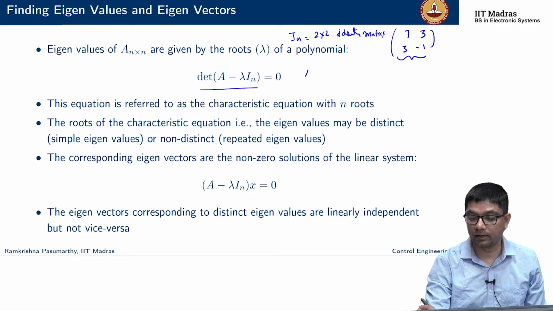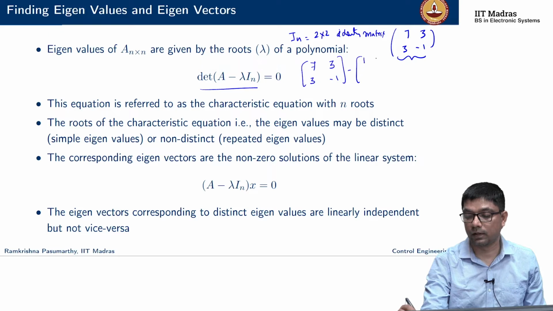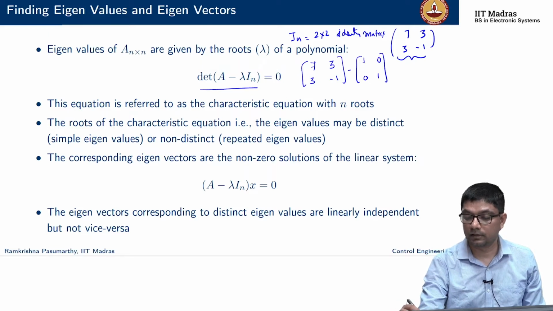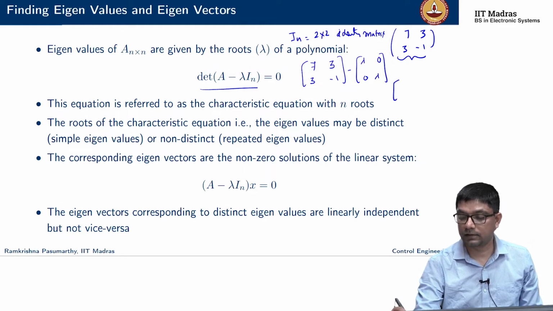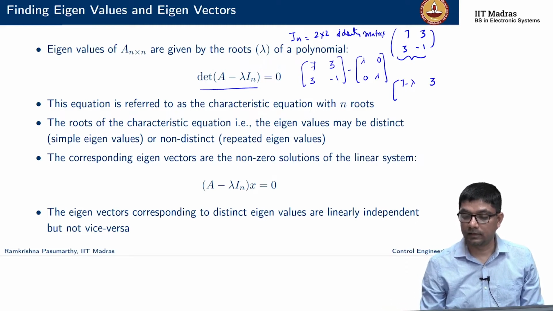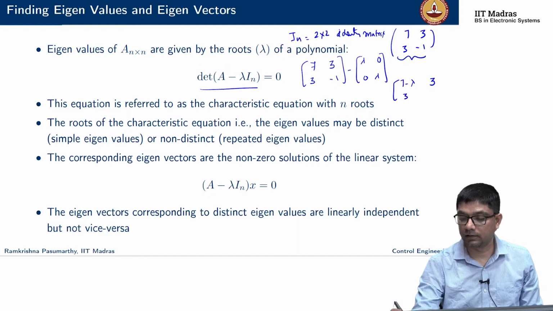So I have A, which is 7, 3, 3, minus 1, minus lambda I. This will be 1, 0, 0, 1, a 2 cross 2 identity matrix. So I have a lambda here, a lambda here. This results in the matrix 7 minus lambda, 3, then 3, and minus 1 minus lambda.